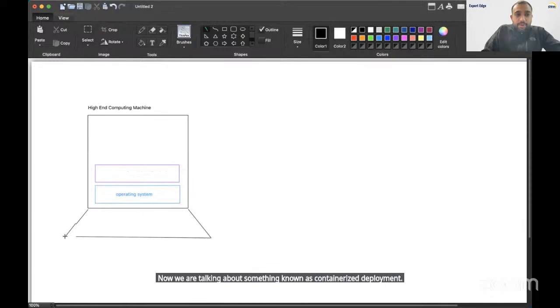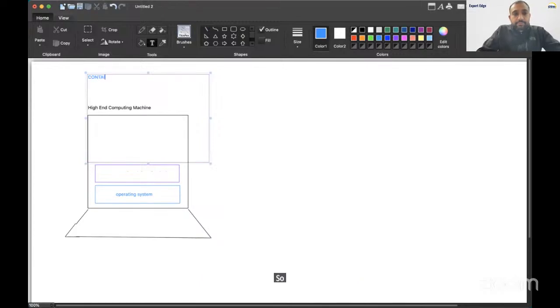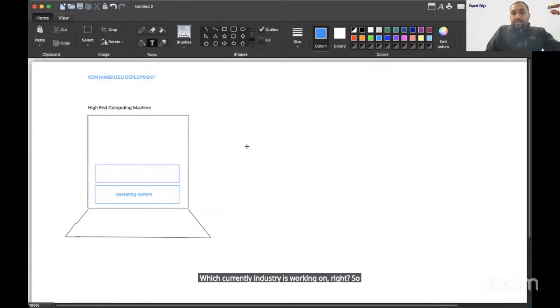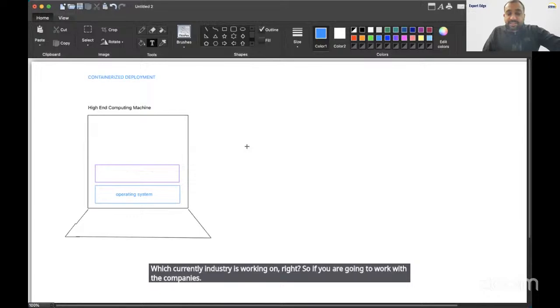So this is our modern day stack, what we use. We have containerized deployment, which currently the industry is working on. If you are going to work with companies, this is one important skill to have.